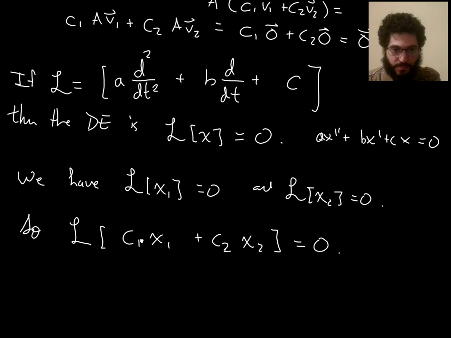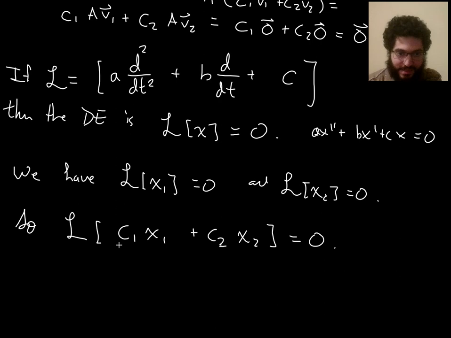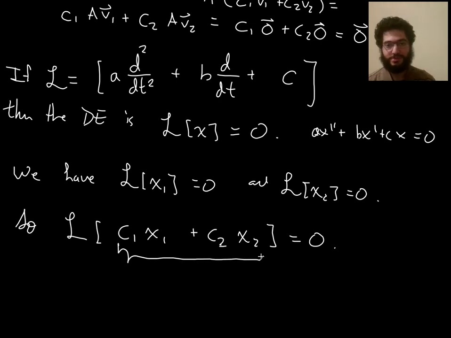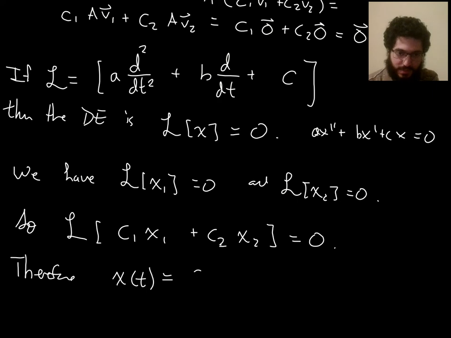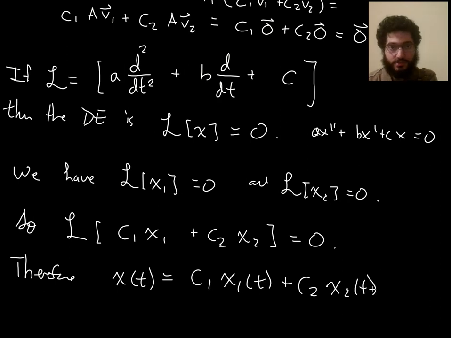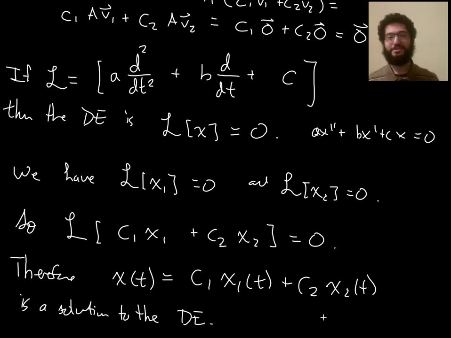So that means this is a solution to the differential equation. So therefore, this function, let me call it x of t, c1 x1 of t plus c2 x2 of t, this is a solution to the differential equation. All right, and that is our general solution.